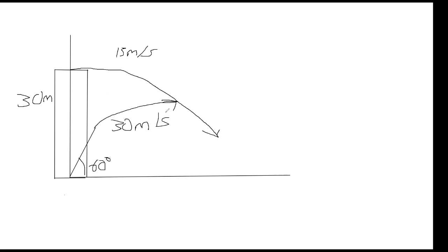The question is to prove that these two things I shoot at the same time will hit in midair, and where does it hit in midair? Basically, show that they'll hit. So they will definitely hit. There'll be an x, y where they're both the same.